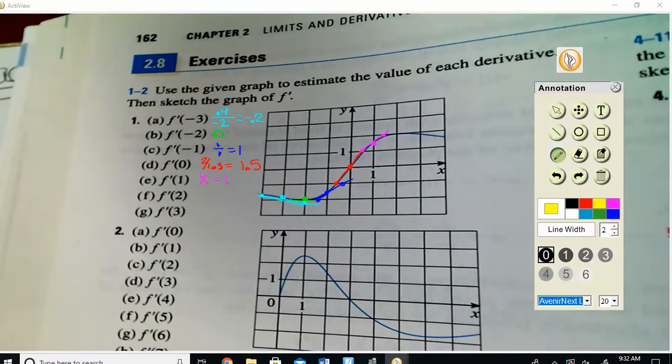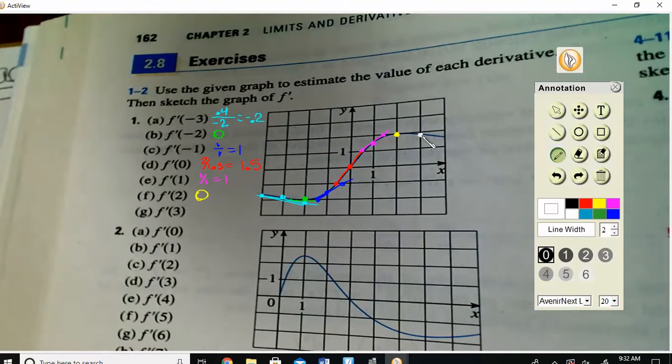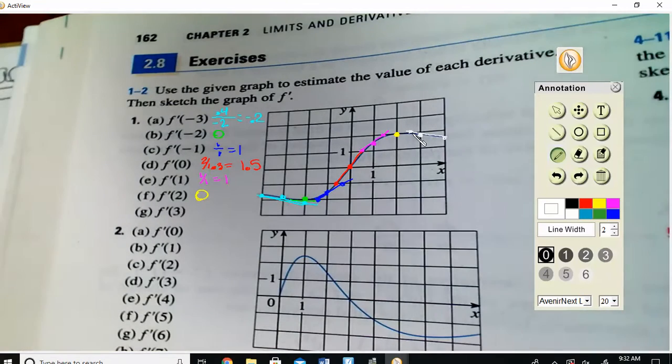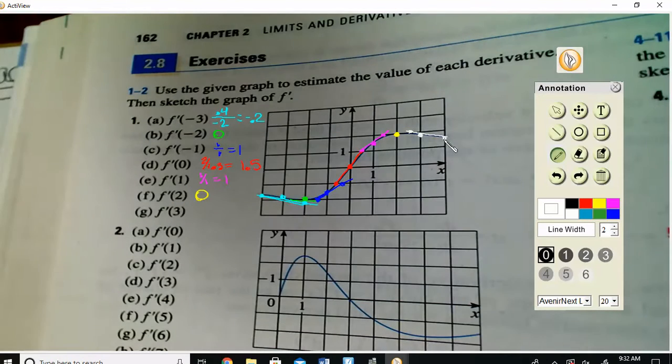At 2. So right there, that one is 0 again. At 3. So ballpark, the tangent line looks roughly like this. So if I were starting here, I would go up about 0.5.